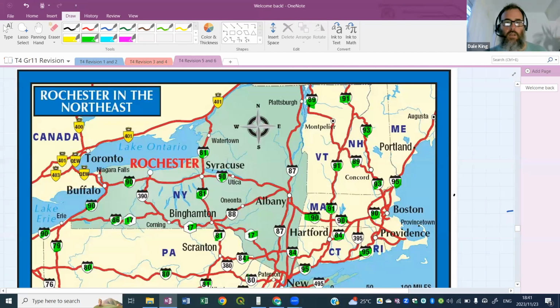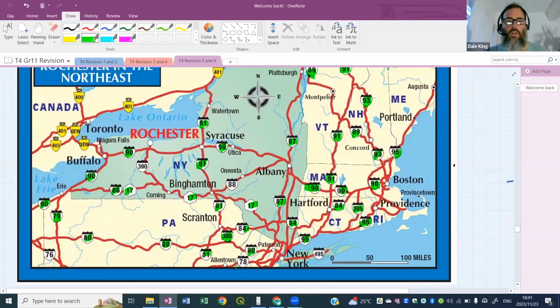Here's the 80, which is the 12th. The 87 is the 13th one. The 395 is the 14th. The 380 is the 15th. I've got a 78 at the bottom, which is the 16th. 495 is 17, sorry, 17, 18, 19, 20. And the 390, 21.